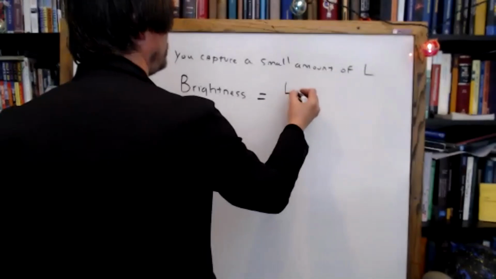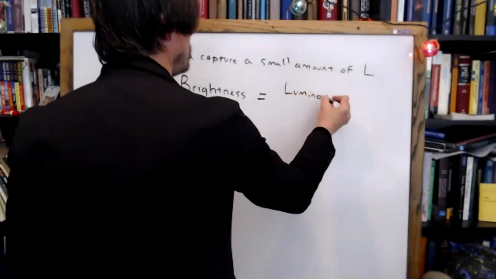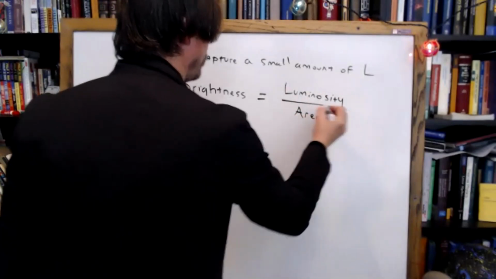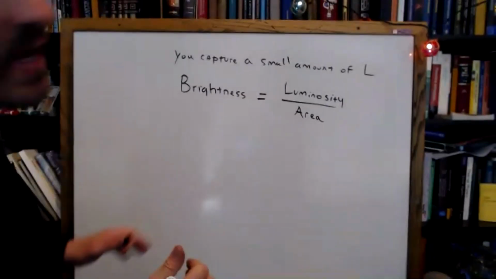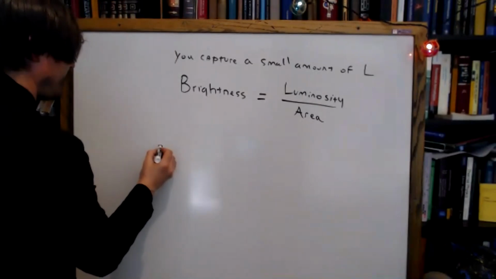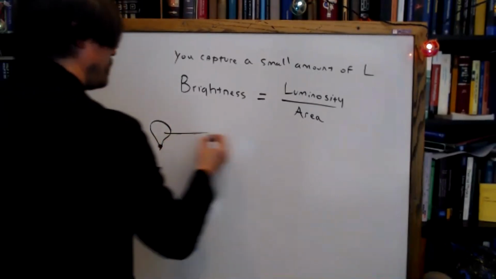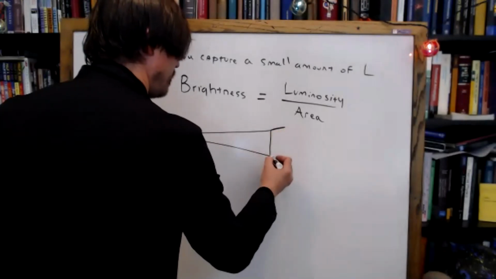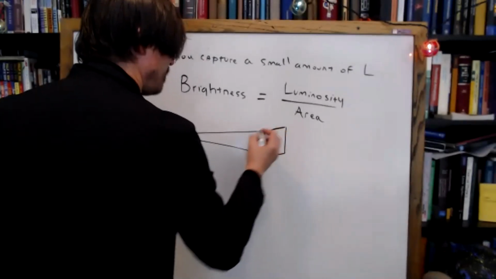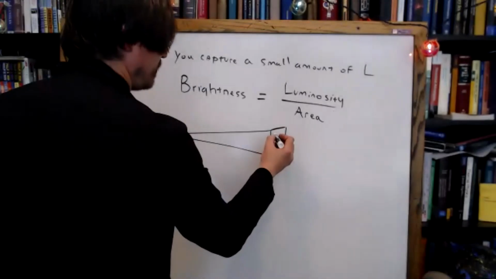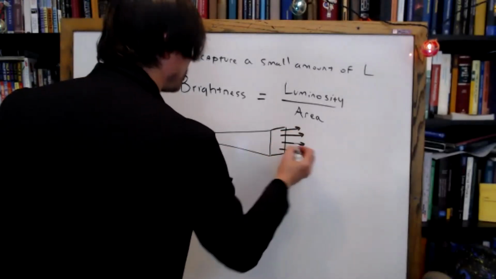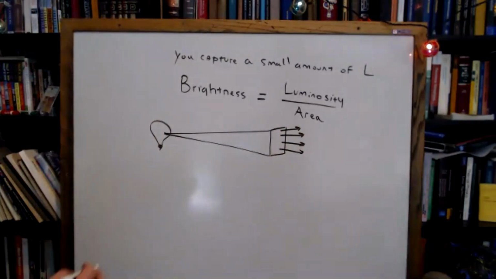Brightness is defined as the luminosity per unit area, where the area is the area of some kind of detector. So if you have a light bulb shining out a little beam, the brightness is how much light is coming through some small square area.